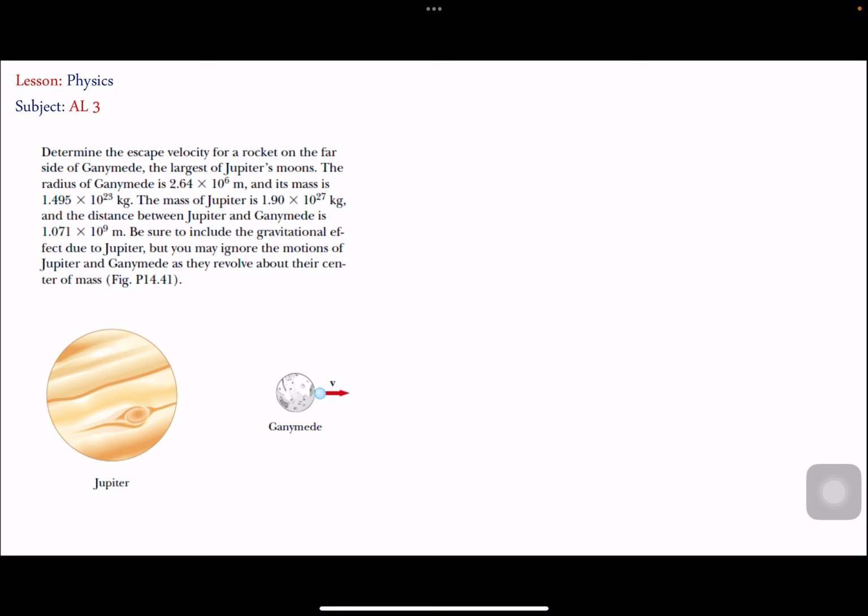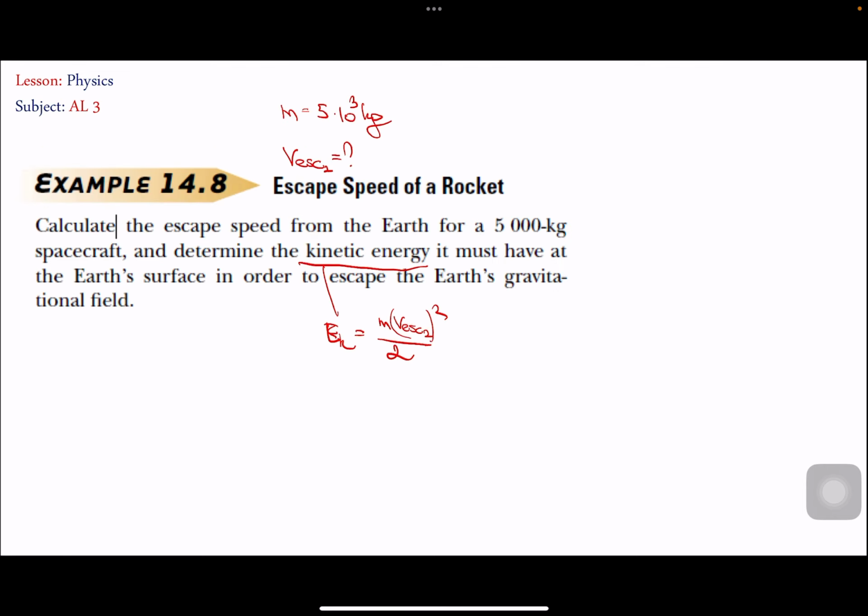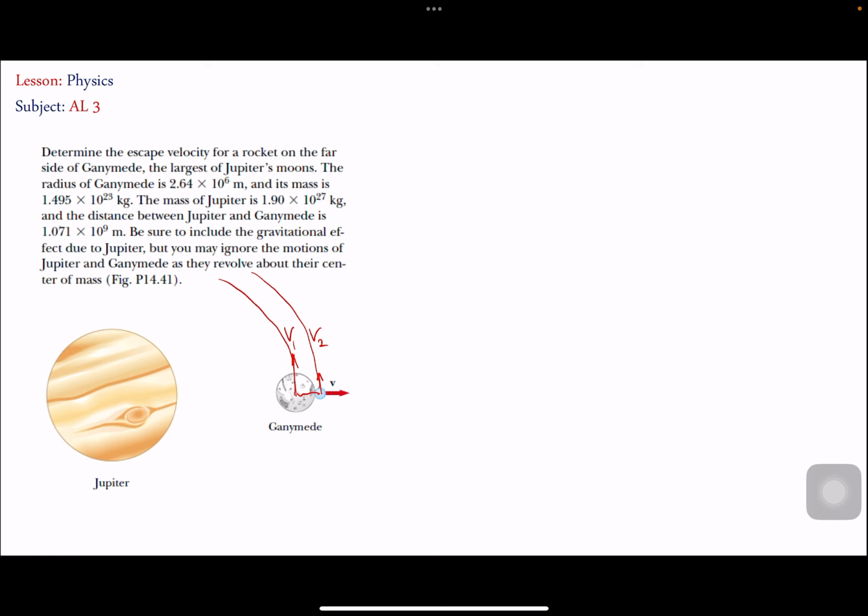Now, what you have to do, of course, is consider Ganymede and its speed, as they are revolving around Jupiter. The speeds here, let me write speed 1 and speed 2, they are equal. You might calculate them. So why do we need the speeds here? Because the rocket has got three kinds of energies.